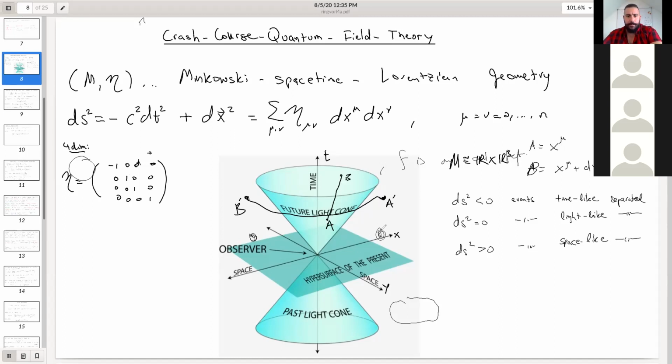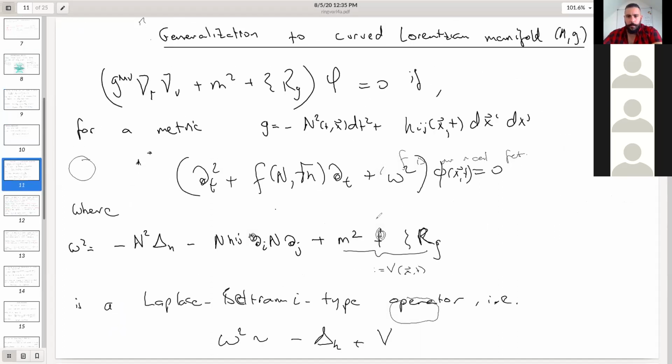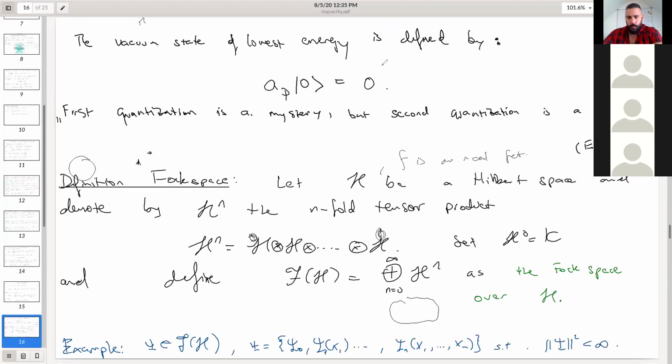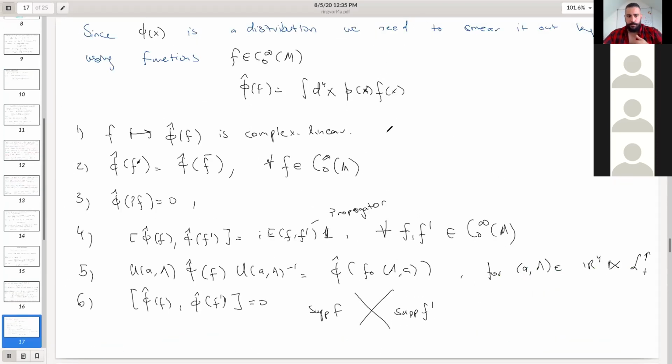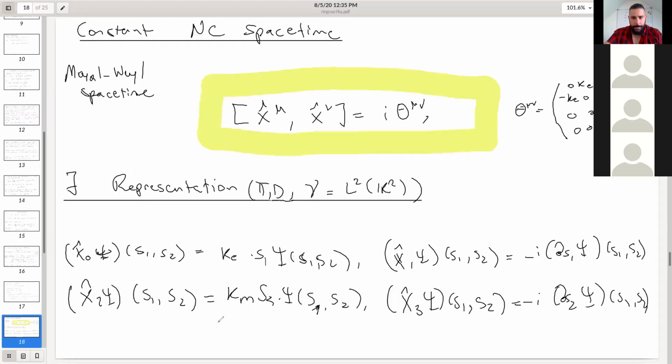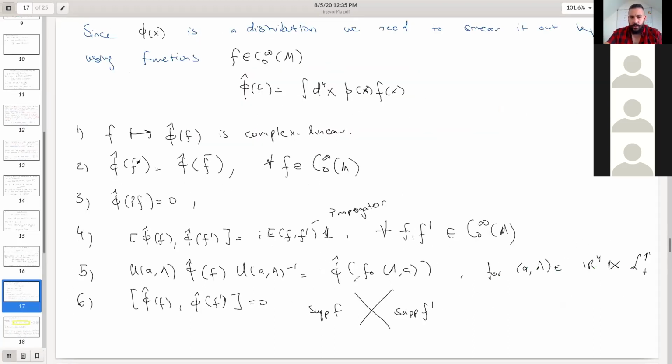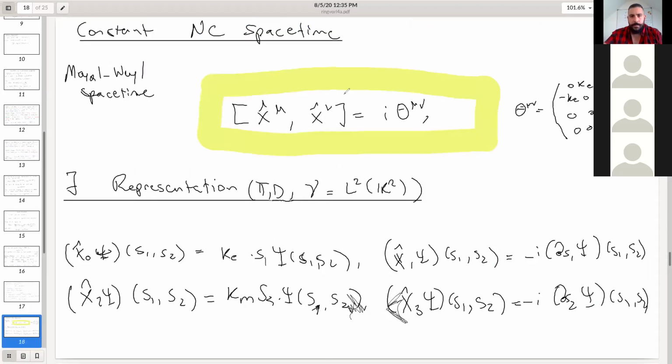That means if I measure here, then here, it's the same as measuring here and then here. And that corresponds, in this language, to the field operators commuting, if the supports of the functions f and f prime are space-like separated, as is said there.